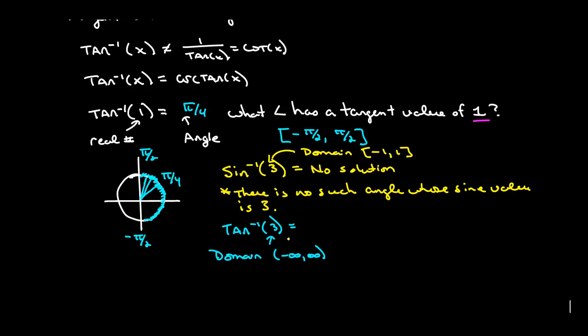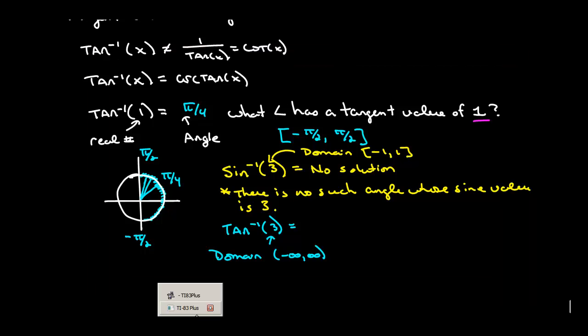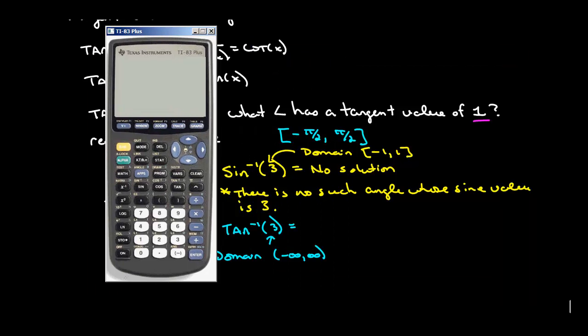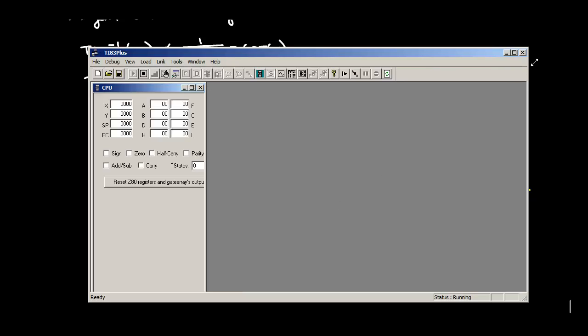Now, how do we figure this exact value out? Well, if we have this on the unit circle, we can go with it, but we don't, so we'd have to use a calculator for this portion of it. So let's go ahead and see if this works here. I'm going to work in degrees because it'll be easier for you.